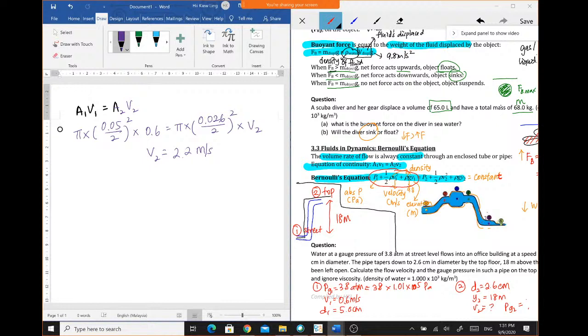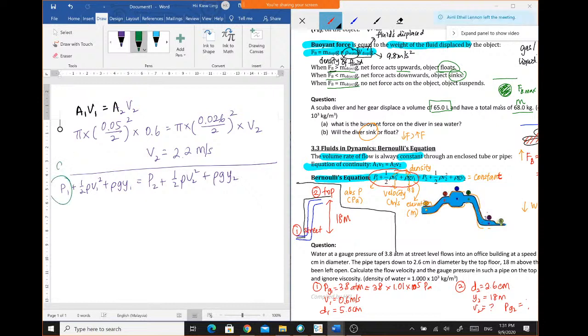So find the gauge pressure at point 2. From the Bernoulli equation, P1 plus half rho V1 squared plus rho g y1 equals P2 plus half rho V2 squared plus rho g y2. Remember, this one must be absolute pressure.